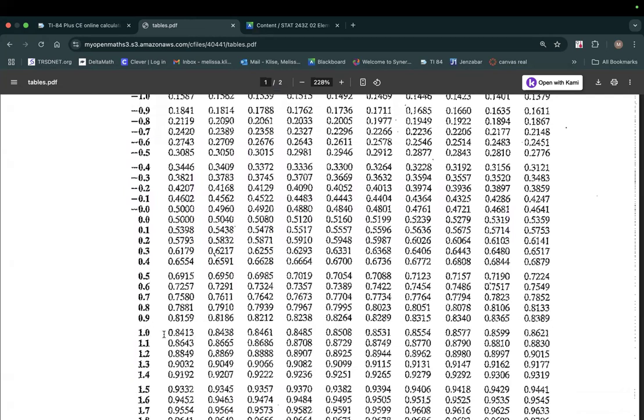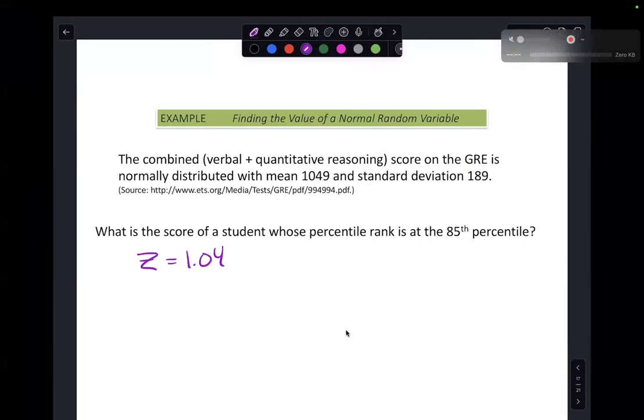So this z-score is 1.04. I'm going to write this down because I forget things really fast. Okay, so I know that I have a z-score of 1.04.